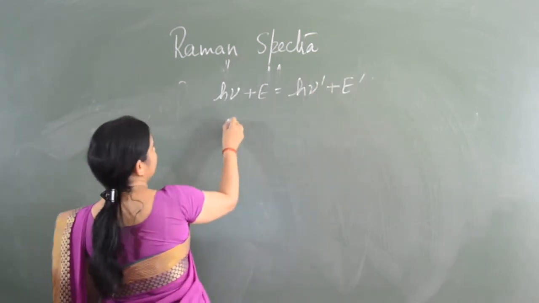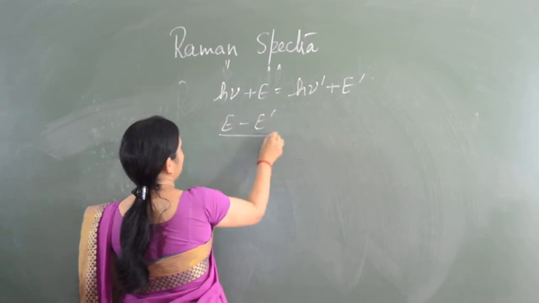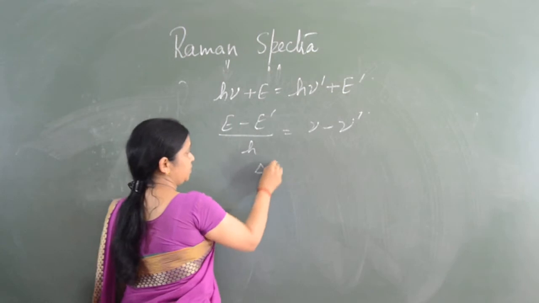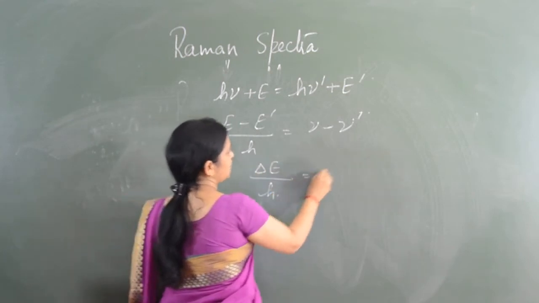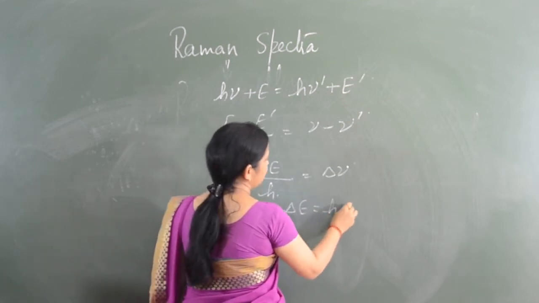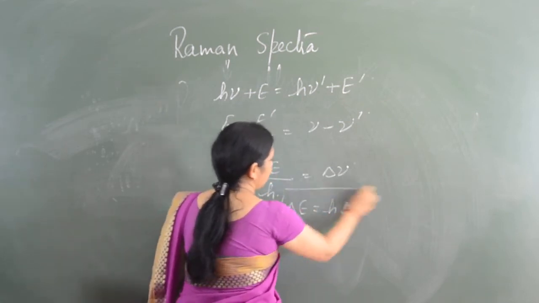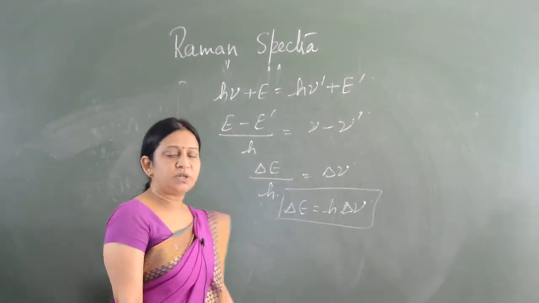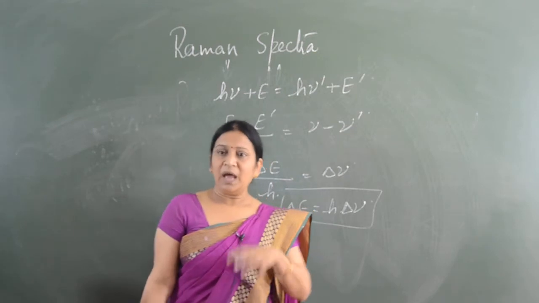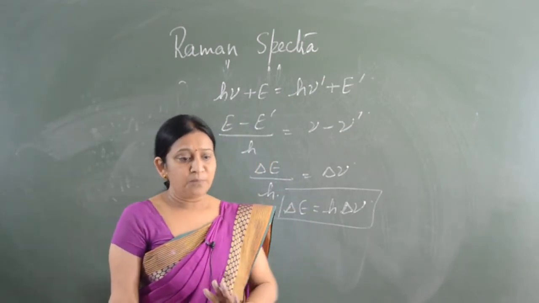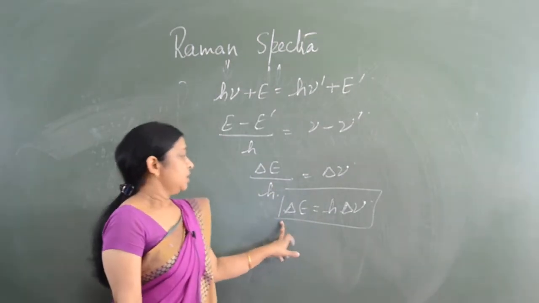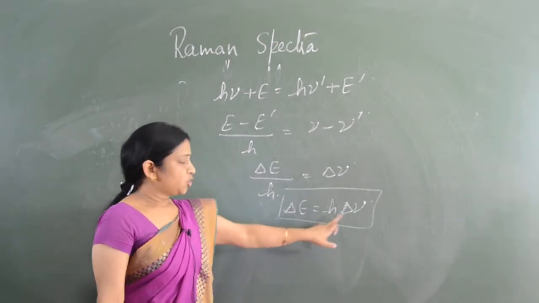This can also be written as (E − E')/h = μ − μ'. So the change in energy over h is equal to Δμ, that is, ΔE = hΔμ. By this equation we determine the energy when the photon is falling on the molecule and the kinetic energy is the same before and after the collision. In that condition, the change in energy is given by hΔμ.